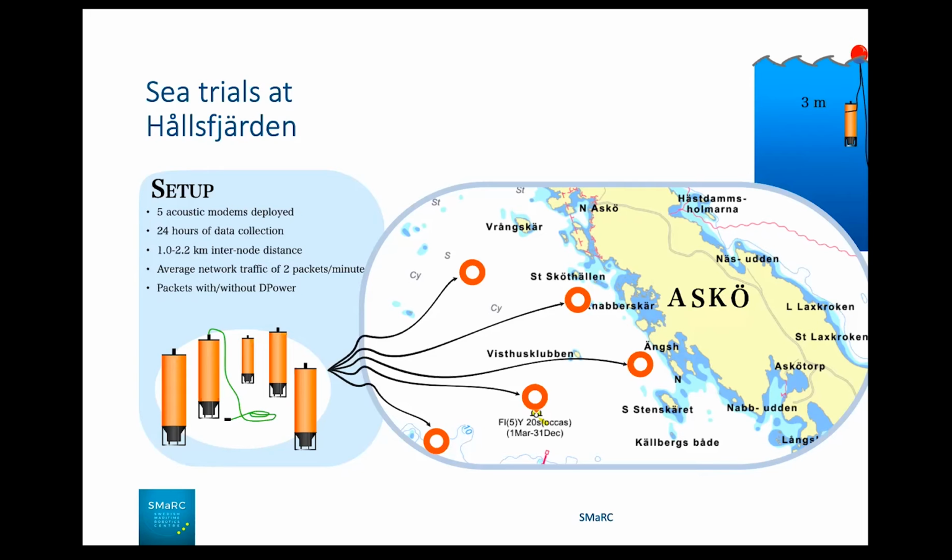And every second packet is transmitted with this power level reduction, the power conserving protocol, and every second is without, so that we have tested both with and without this power saving protocol under the same settings in the same environment, because wind and waves and so on can alter the communication quite a lot.